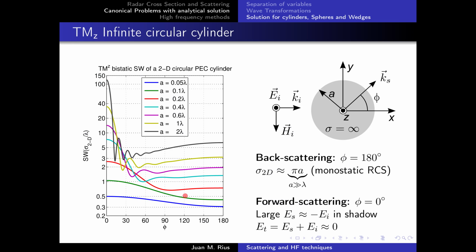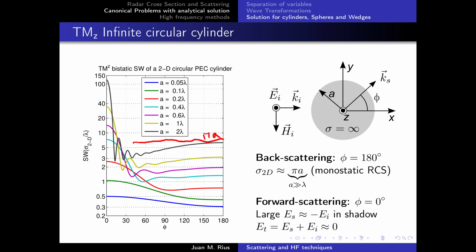However, when the radius of the cylinder becomes large, it has a very characteristic shape given by a value almost constant in phi that is approximately equal to pi a here. This is pi a here.